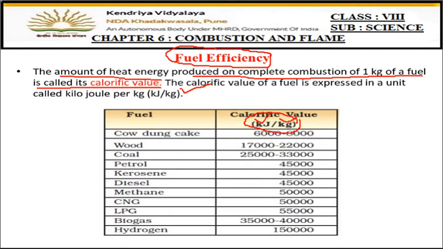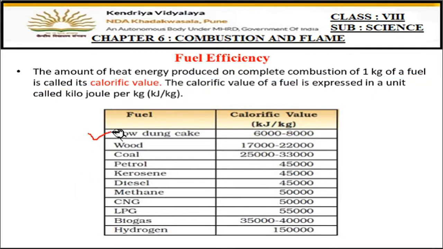So in the chart here you can see that cow dung cake gives a calorific value of 6000 to 8000 kilojoule per kg. It means 1 kg of cow dung cake when burnt gives 6000 to 8000 kilojoules of energy. Then 1 kg of wood gives 17,000 to 22,000 kilojoules of energy.